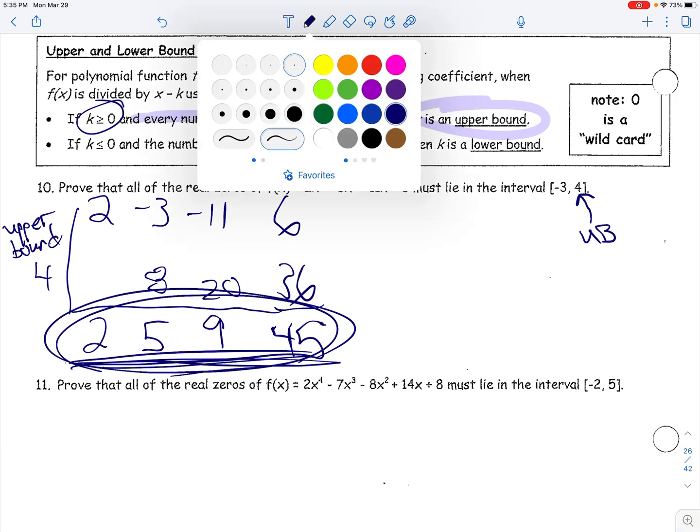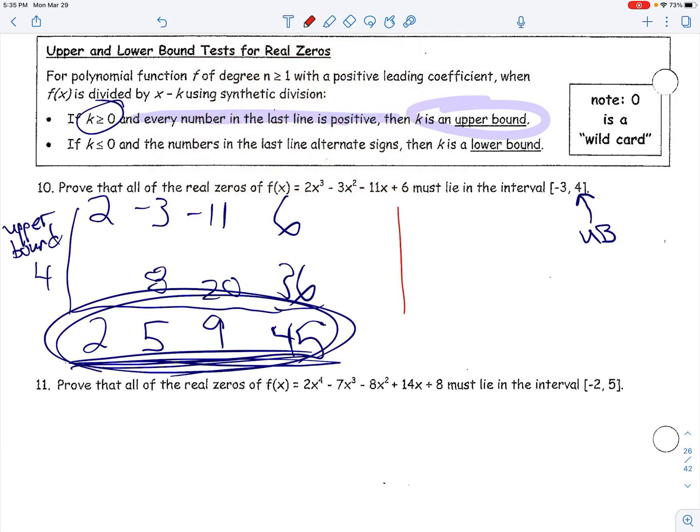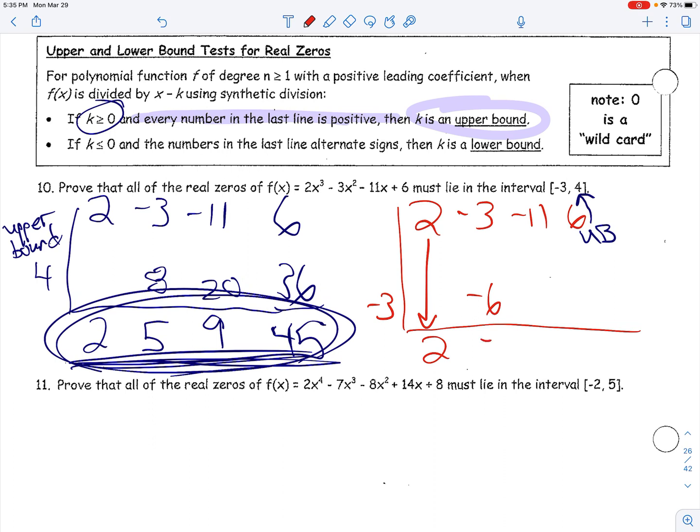And then if you try a negative number now, like they say -3. They tell you the numbers to try here. It's not like you have to choose them. And then it says here for a lower bound, the number that you check out here is negative.